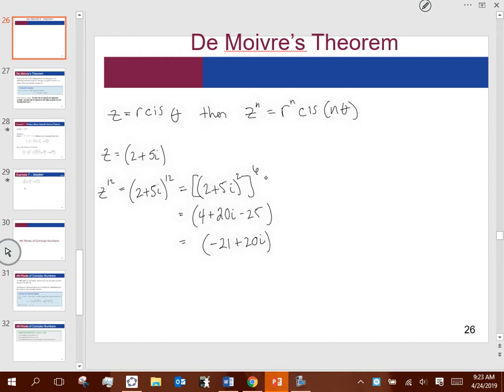Because now, when I find out that this 2 plus 5i squared is this number here, I can raise that to the 6th, right? Well, isn't that then going to be negative 21 plus 20i squared raised to the 3rd power?